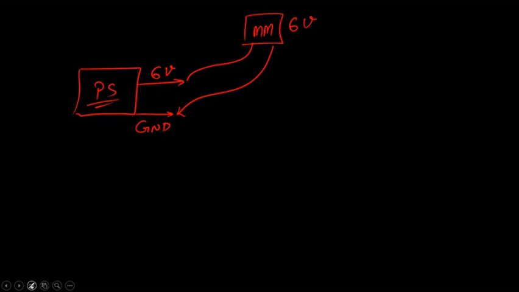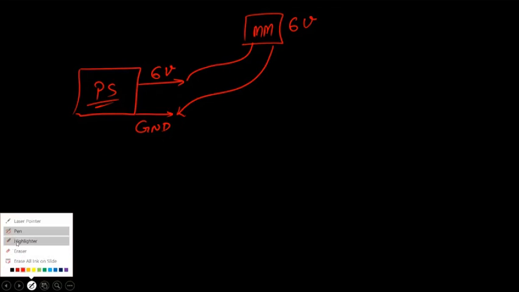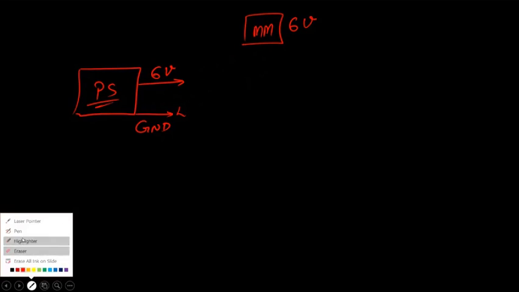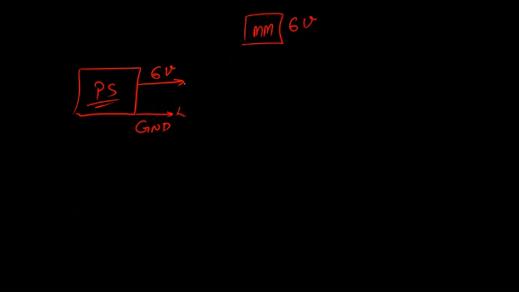But the moment, assume I am going to the extreme. Assume I came up with a short circuit. I took a wire and connected these two, and assume this wire is thick enough to sustain the power.